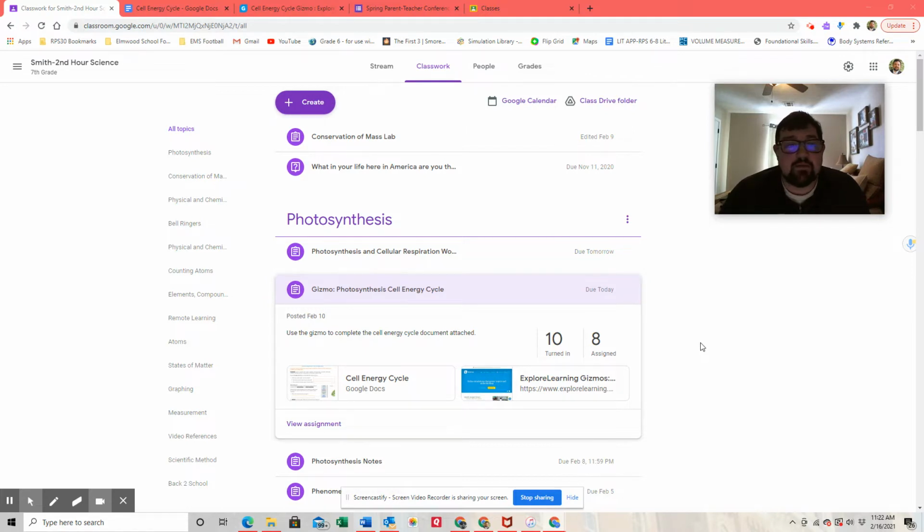So today, we're going to focus on the Gizmo assignment that's been assigned. I know some of you have had issues signing in. If that's the case, please email me. I'll give you your login code. If you don't have a login code, you can register, which is on that site. I'll include the links in the assignment, and then you can go ahead and register on Gizmo and use this as an example.